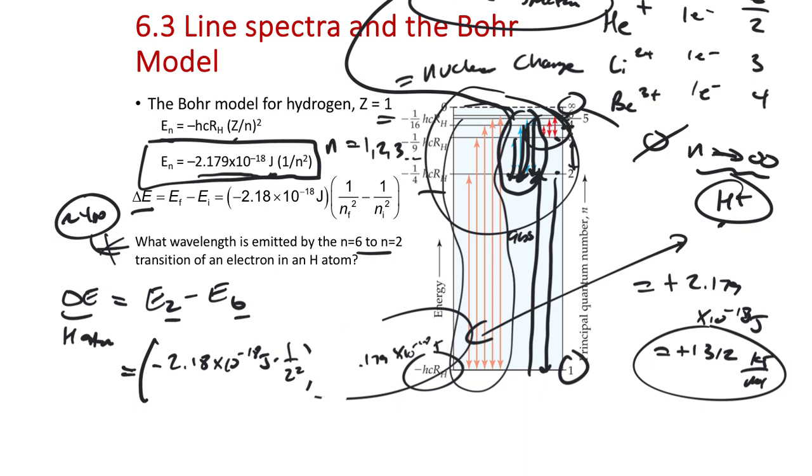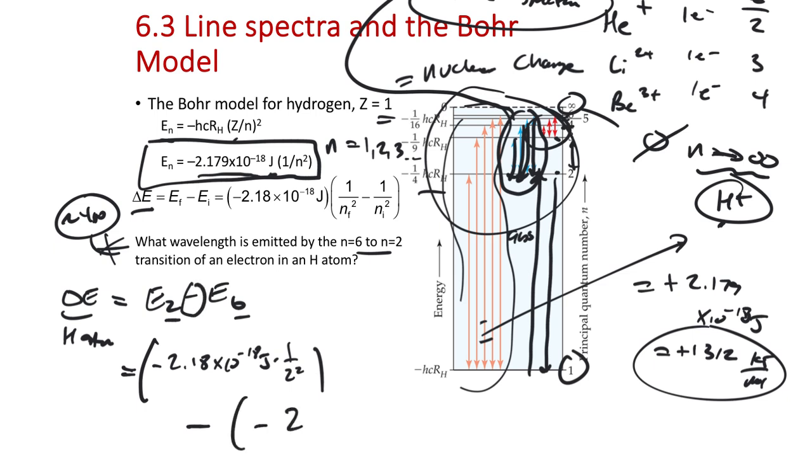I'm going to erase this here to not get mixed in. Then I'm going to subtract negative 2.18 times 10 to the minus 18 joules times 1 over 6 squared.